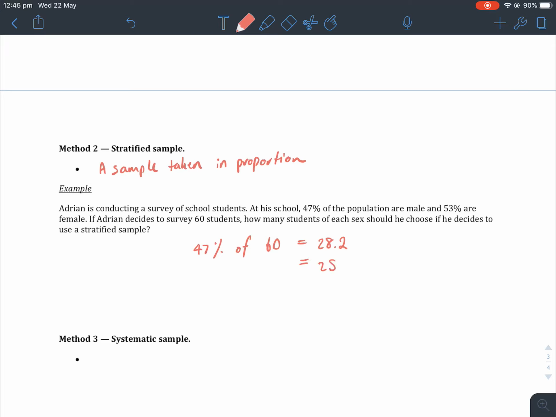So you will have 28 male students and 53% of the 60 students should be female to represent the whole population. So 0.53 times 60 is 31.8, so 32 female students. Okay, does that give us a total of 60 students? Yes, 28 and 32 is 60.